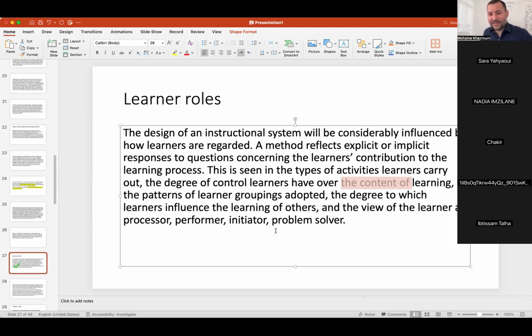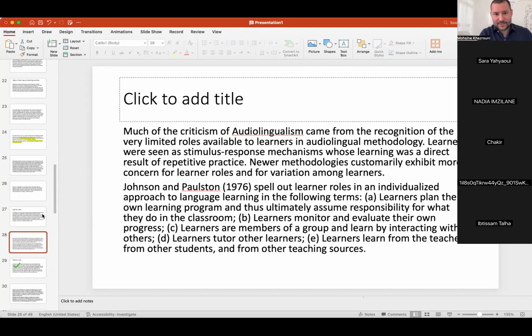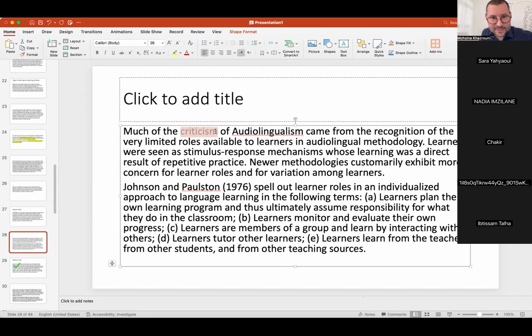So we can see learners as problem solvers, initiators, performers. All these roles can be assigned to learners. What can we say about criticism of the audiolingual method regarding the role of the learners? Can somebody tell me from this slide?